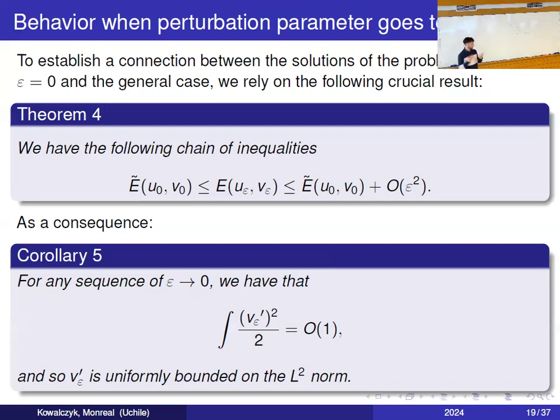So that is very good because that will allow us to get an estimate for this, because the main difference between these two terms is the one associated to the energy of v, or the derivative of v. Okay, this part multiplied by epsilon squared.